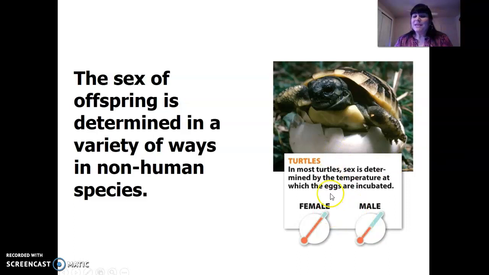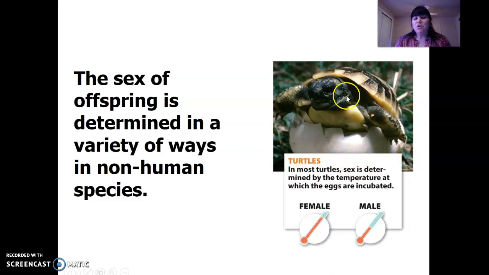With reptiles, temperature can affect the eggs. Are the embryos going to be female or male? How the heck can temperature have any effect? Well, the temperature can turn on or not turn on certain genes that will affect the growth of the embryo.